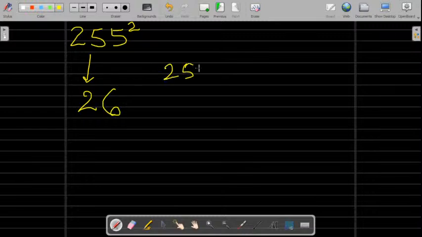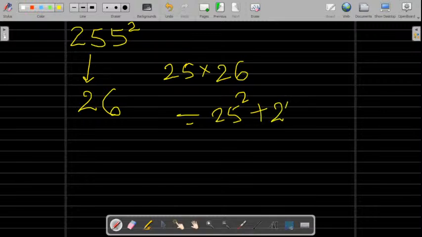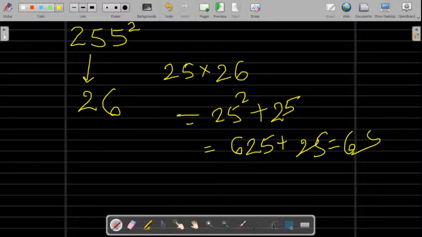So 25 into 26, right? So here how much will you get? 25 square plus 25. I think you know, 625 plus 25. So that is how much? 650.